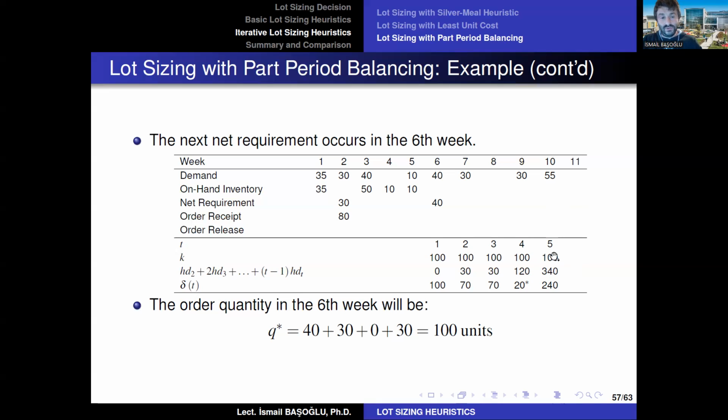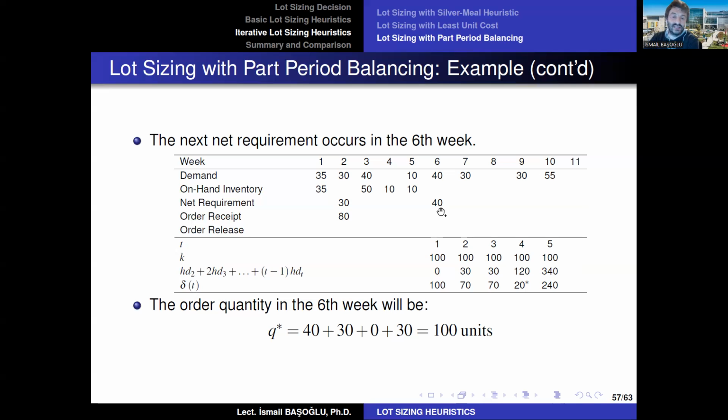The absolute difference between the ordering and carrying cost components will be 240, which is definitely greater than $20 here. And we have already mentioned that this is obvious, right? Because the fixed ordering cost remains the same at all times.